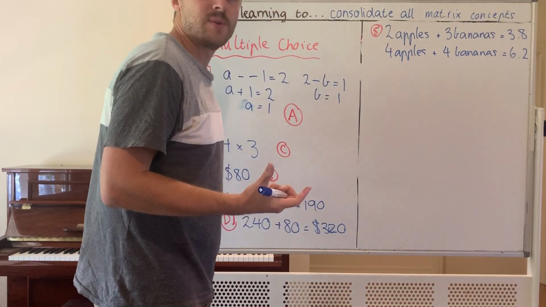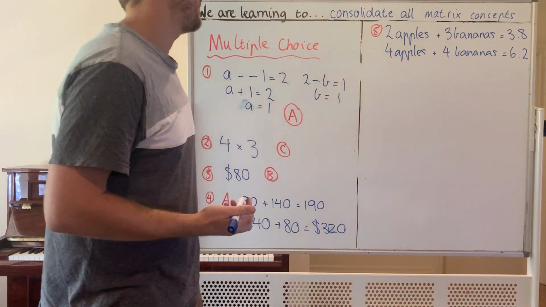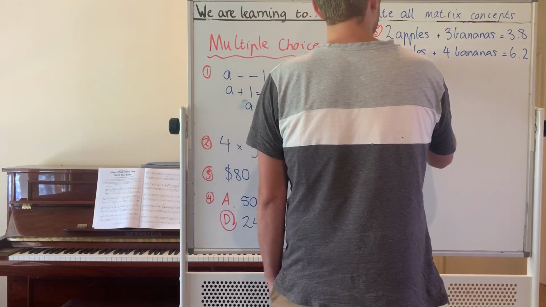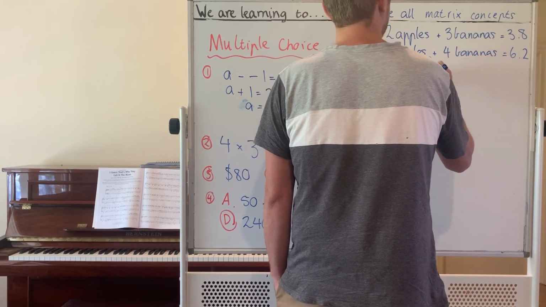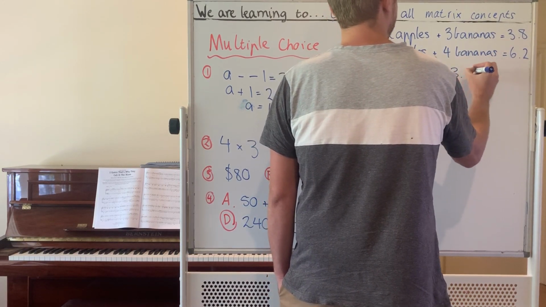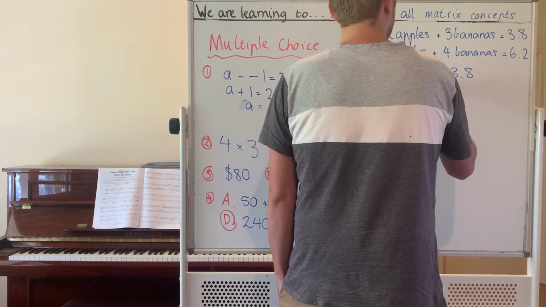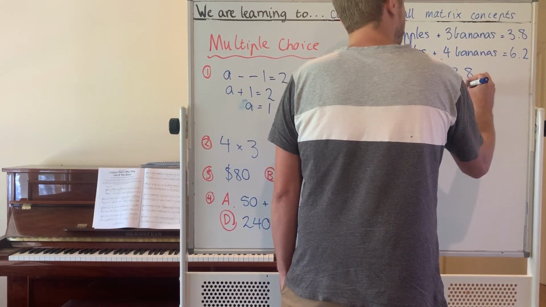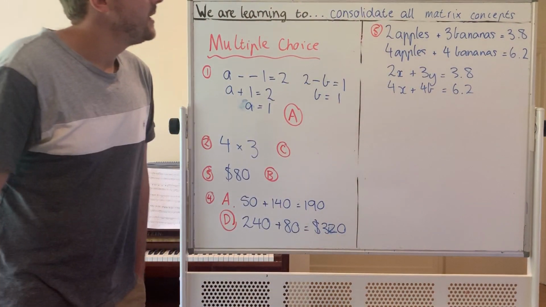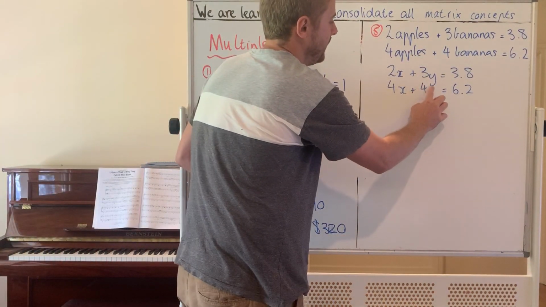Alright, so instead of apples, we're going to write x. Instead of bananas, we're going to write y. So 2x and 3y is equal to $3.80 or 3.8. 4 apples and 4 bananas is equal to 6.2. Oops, I wrote B.